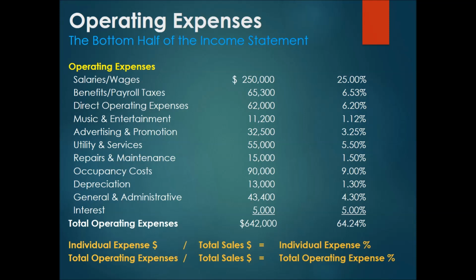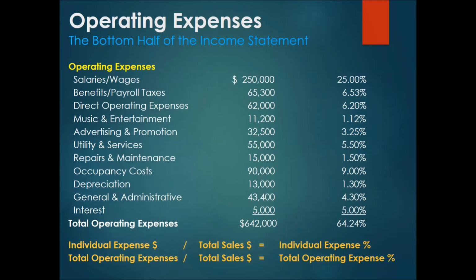And how you get that, you'll see down there at the bottom, individual expense amount. So let's take salaries and wages. That's $250,000 divided by total sales. Remember, our total sales was $1 million. Tells us that salaries and wages represent 25% of our money that we need to use for that expense.